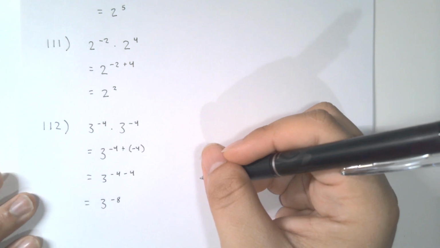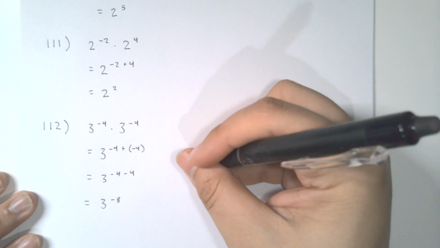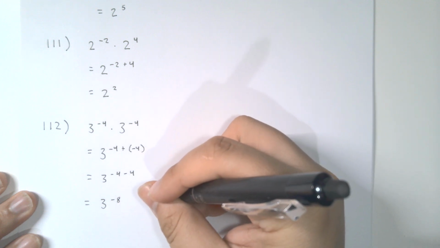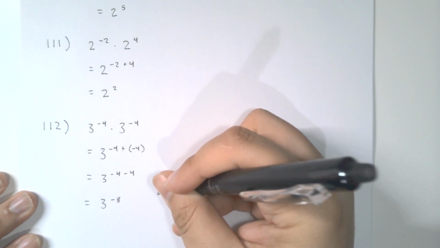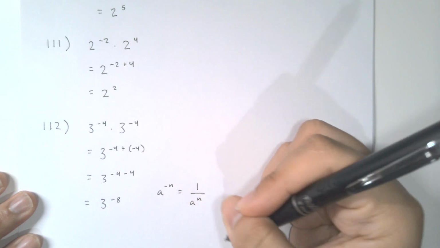And I mentioned in the instructions that your answer should contain only positive exponents. So if we ever have a negative exponent, it's best to express this using the property that a to the negative n is equal to 1 over a to the n.